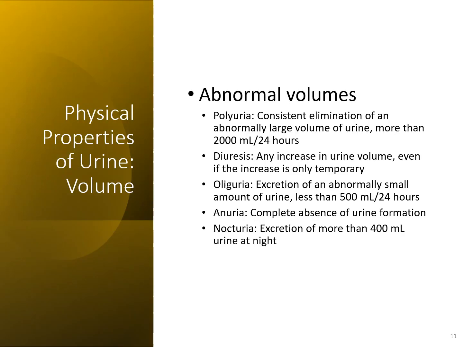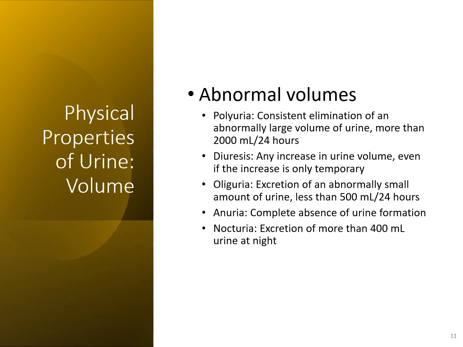One of the physical properties of urine that we look at is volume. So abnormal volumes would be something like polyuria, where you have a consistent elimination of an abnormally large volume of urine, which will be like 2,000 mLs over a 24-hour period. And you would assess this by doing a 24-hour urine on the patient and measuring the volume of the urine output.